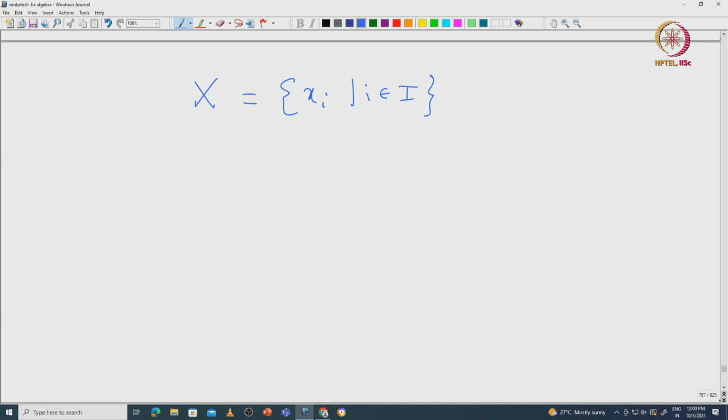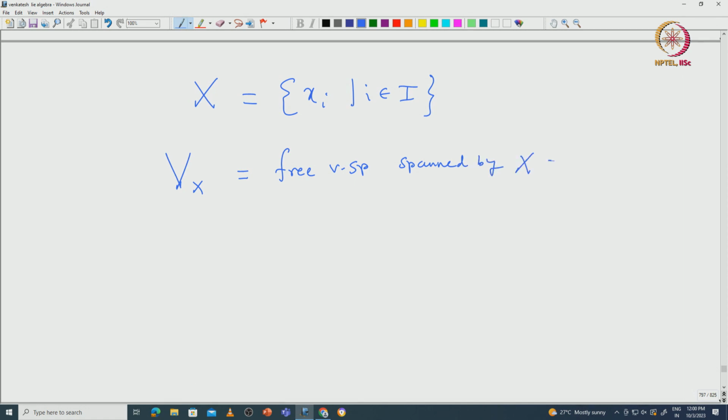It should definitely have first of all the vector space structure, so all the linear combinations of xi should be there, and then all possible products of xi should be there. So the best way to construct that is we take the free vector space spanned by capital X.